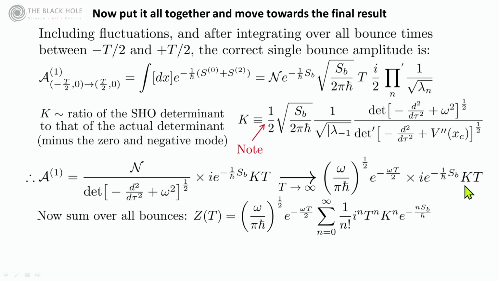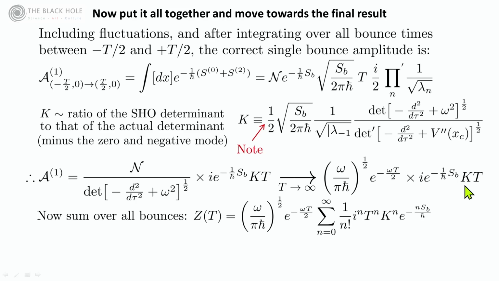But then I can always shift all the times back or forward. There's time translational invariance. The only thing that I have to respect is that the second bounce happens after the first bounce, the third bounce happens after the second bounce, and so forth.